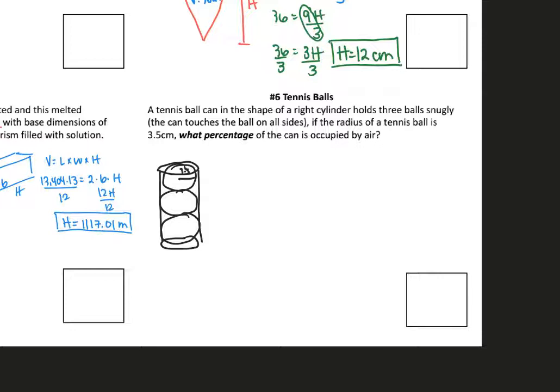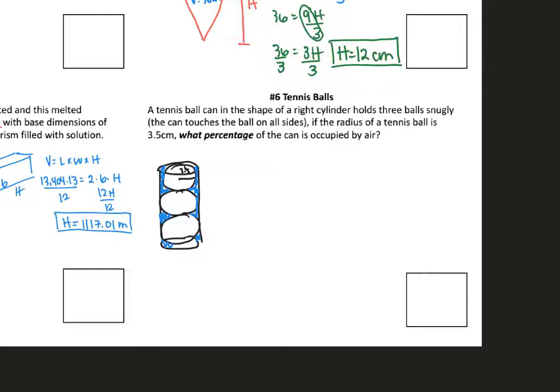I want to know what percentage of the can is occupied by air. So essentially, we need to figure out what percentage of the can is the empty space. We're dealing with a composite figure since we have both a sphere as well as a cylinder. So let's first do the easy thing.